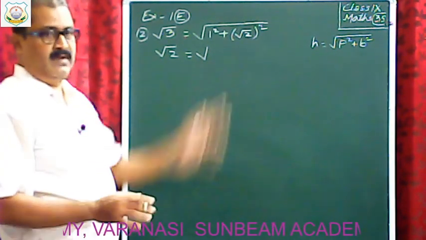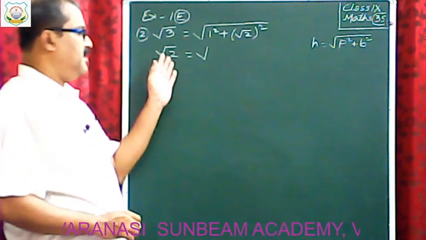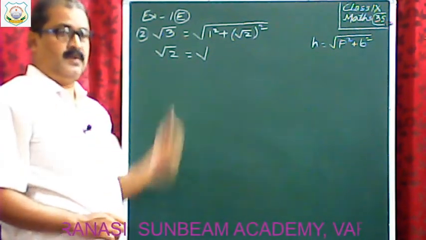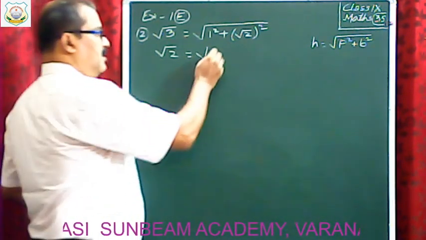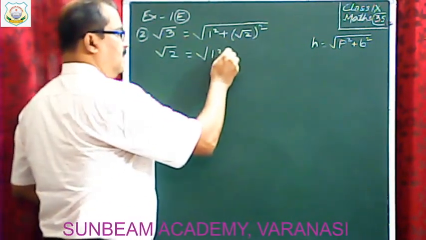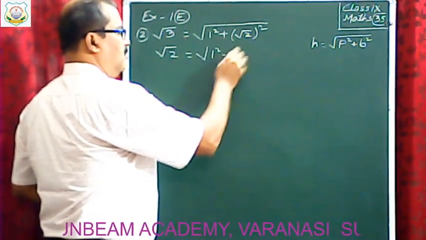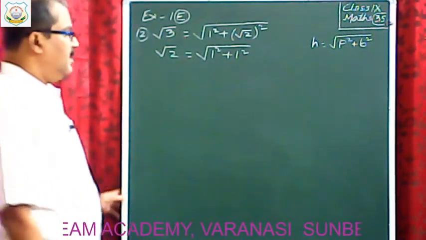Square root 2 is not available on the number line directly, isn't it? So first of all you have to express square root 2 on the number line, then proceed for square root 3. Again you have to do the same steps. Square root 2 means 1 square plus 1 square. Clear?